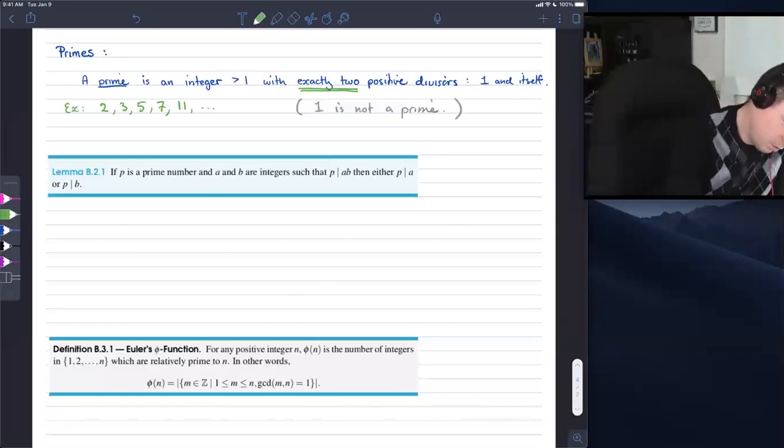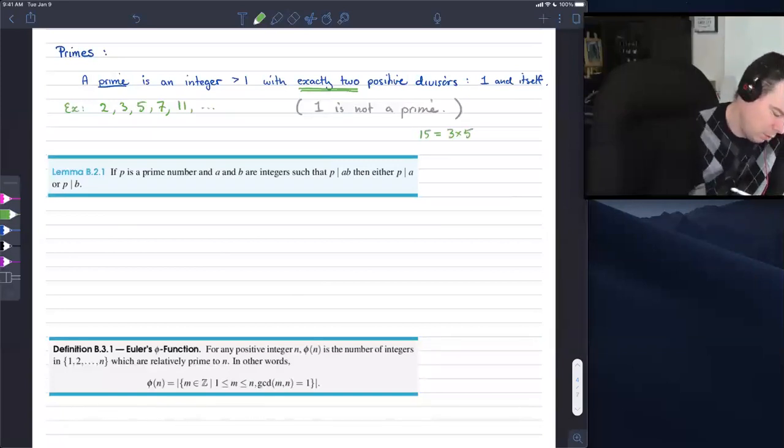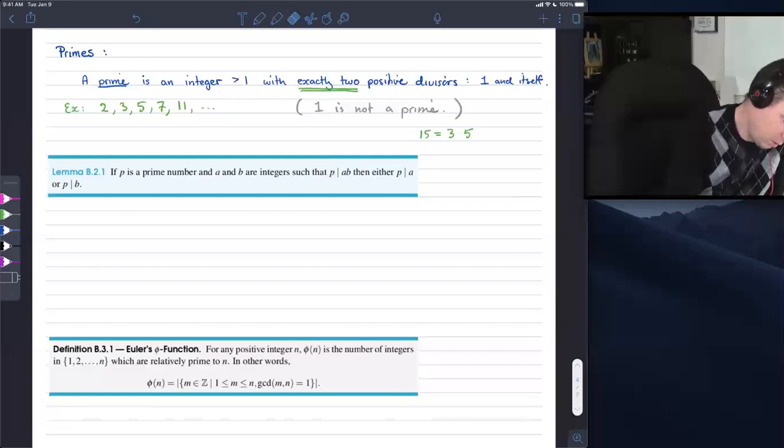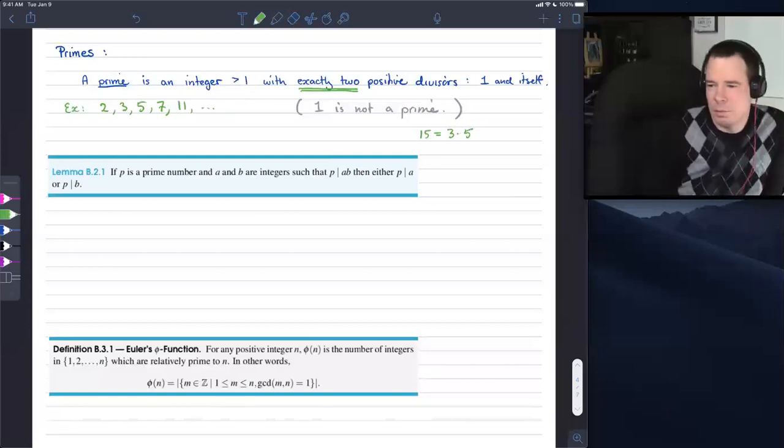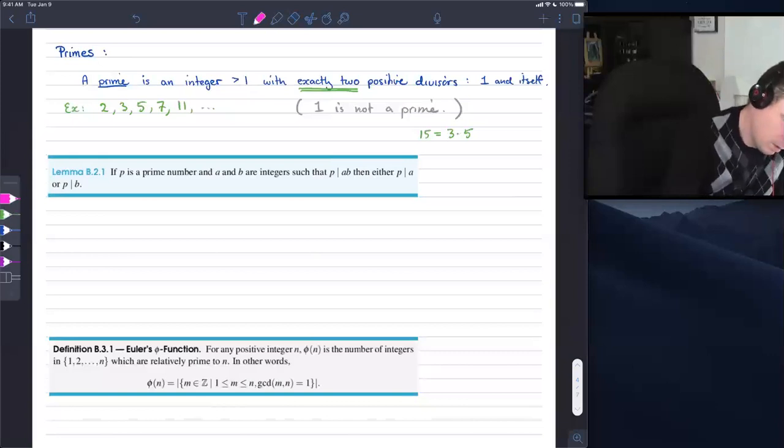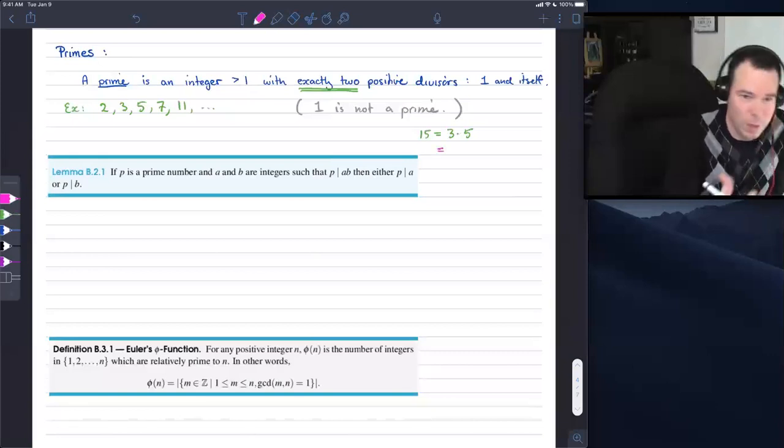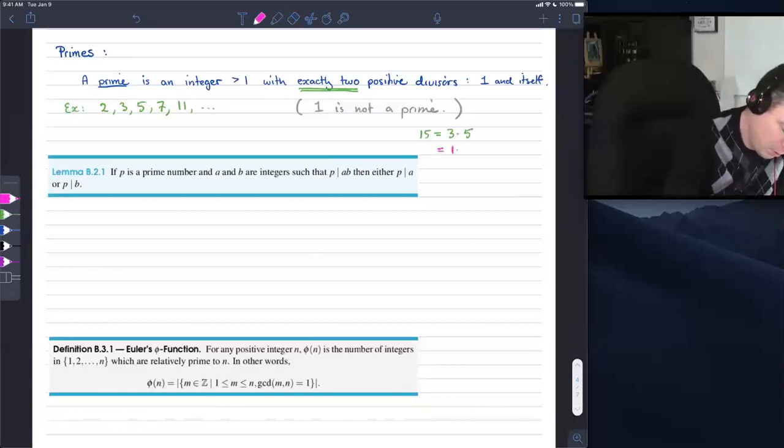So for example, 15 is 3 times 5. That's a unique factorization. I'll use dots here. 3 times 5. That's a unique factorization of 15. There's no other factorization into prime numbers of 15. But if we did allow 1 to be a prime number, then we'd have to allow different factorizations.